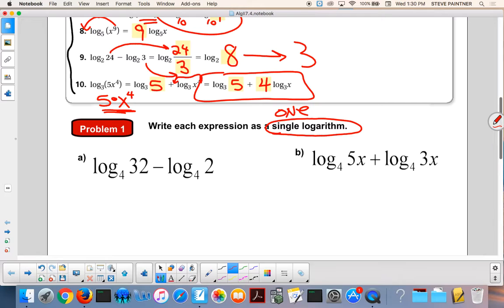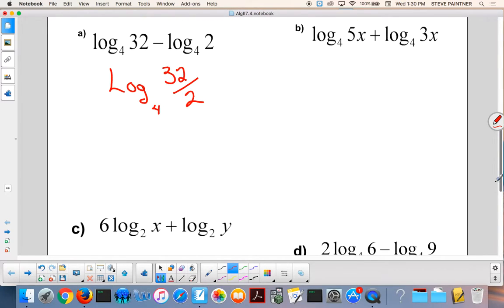Do we go back to multiply or do we go back to division? Division. Okay. So we're going to go log base 4 of 32 divided by 2, which is 16. Log of 16 base 4.